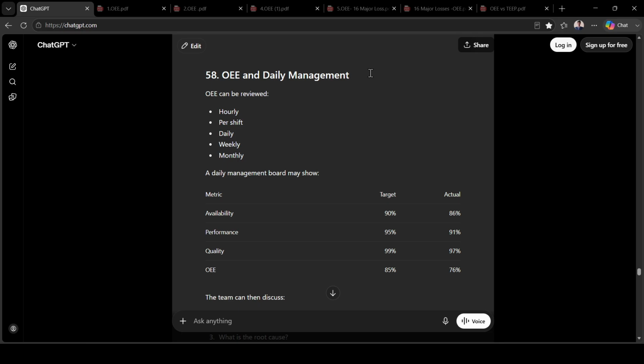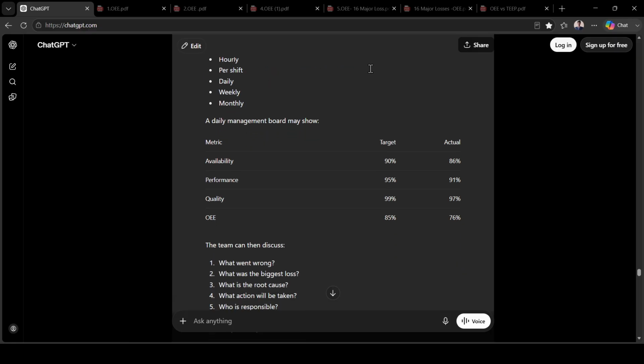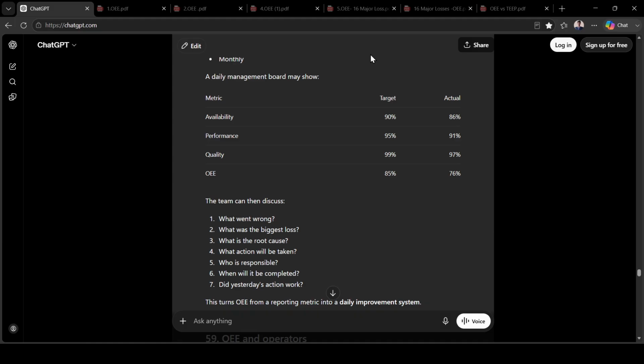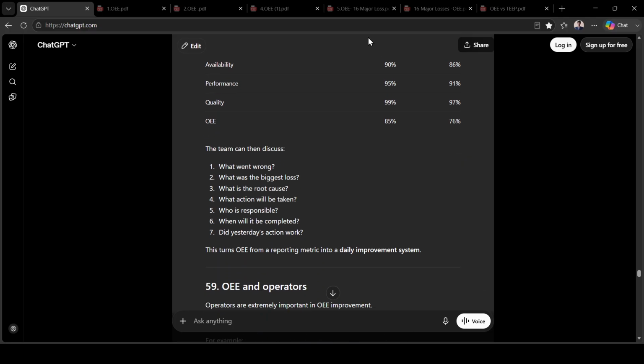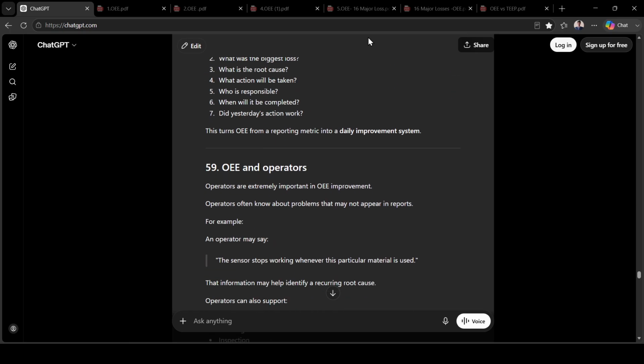Quality 99% target, actual 97%. OE target 85%, actual 76%. Then the team can discuss: what went wrong, what are the biggest losses, what are the root causes, what action will be taken, who is responsible, when it will be completed, did yesterday's action work. This turns OE from a reporting metric into a daily improvement system.